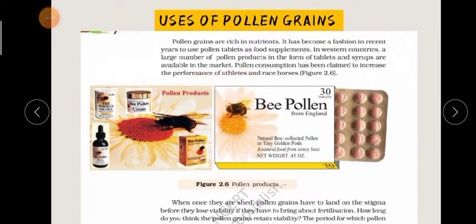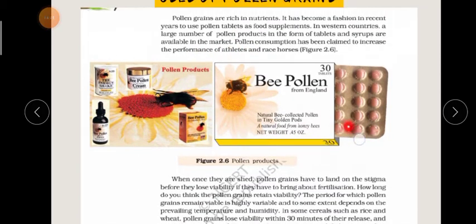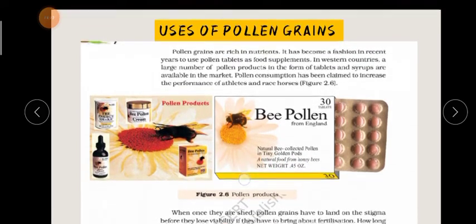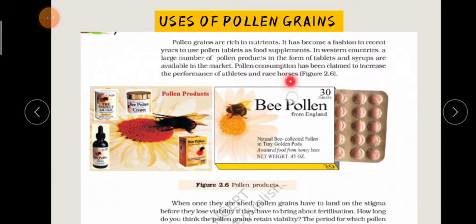This food supplement helps athletes, or the horses that participate in races, to boost their energy. The reason it is used is because pollen grains are very rich in nutrients.